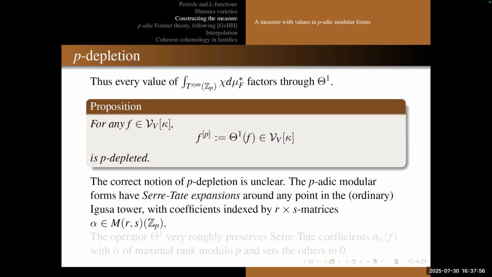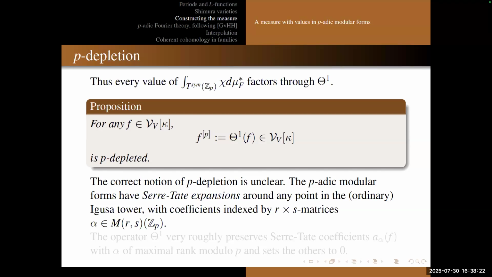Basically, you can read it off from the Serre-Tate expansions around any point in the ordinary Igusa tower. The expansions are indexed by coefficients, indexed by matrices, and you are doing the same thing I just mentioned in the case of the Fourier coefficients.